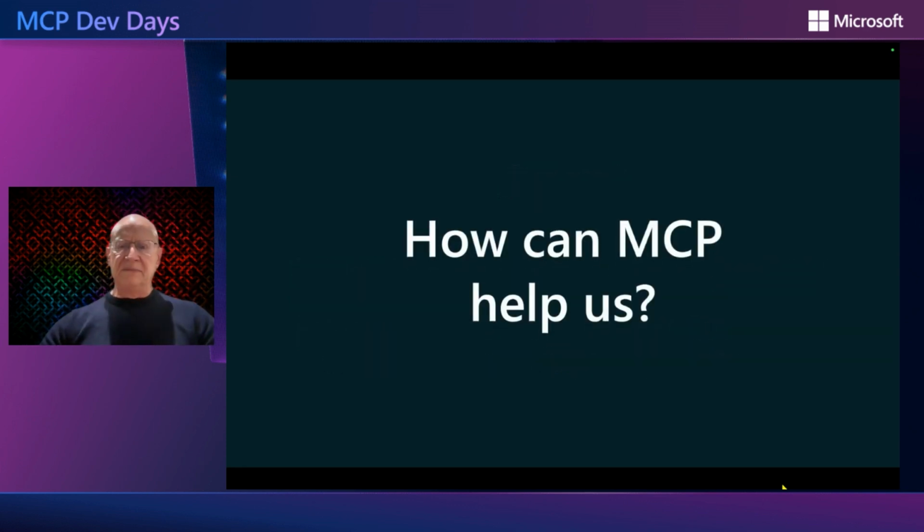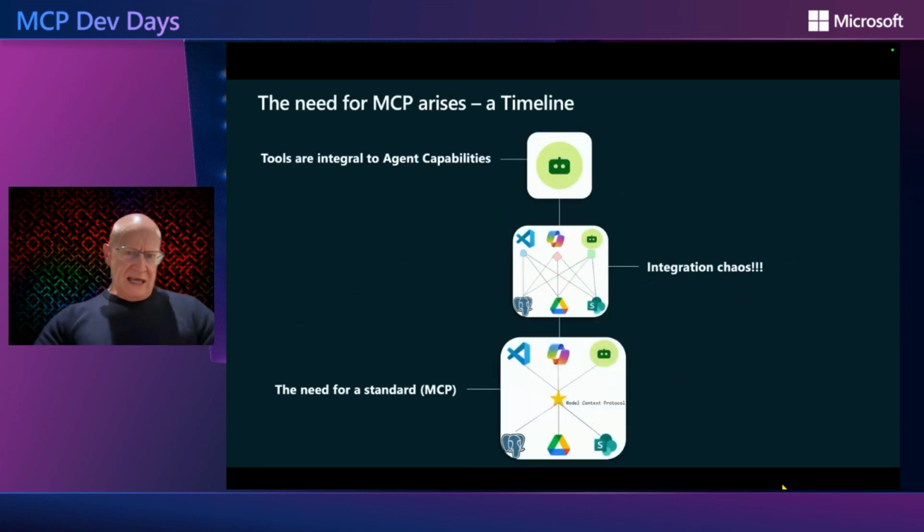So how can MCPs help us? If you think about the landscape and where we've got to with the use of AI and agents at the moment, a great analogy is this: we've all been used to building solutions for businesses out of REST-based services, like microservices. And there are specifications for doing that, like Swagger or the OpenAPI specification.